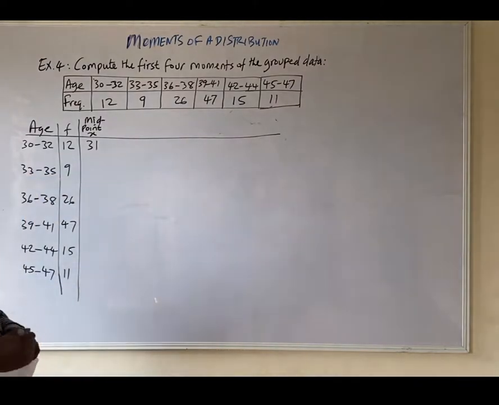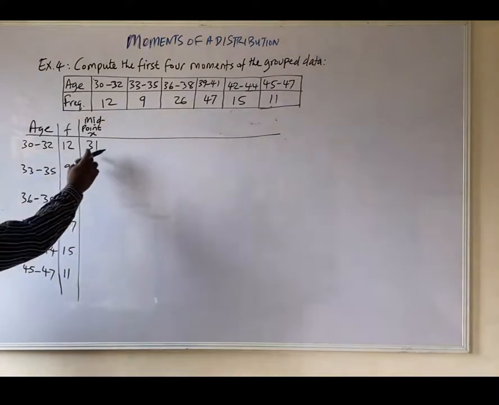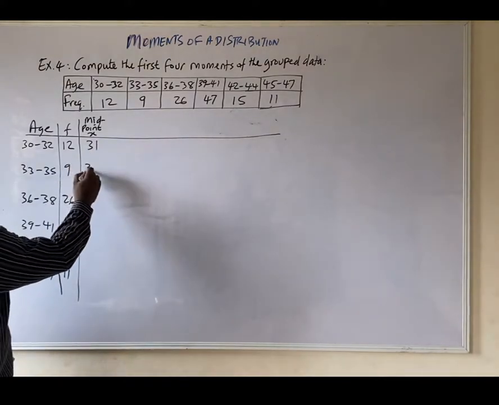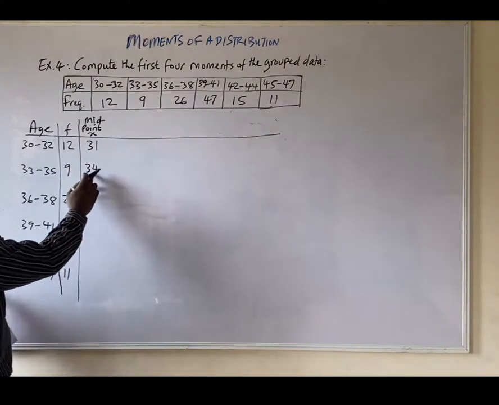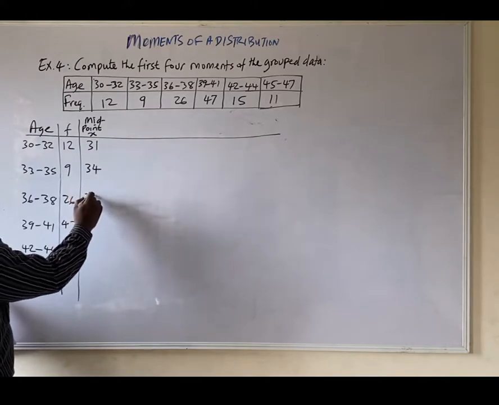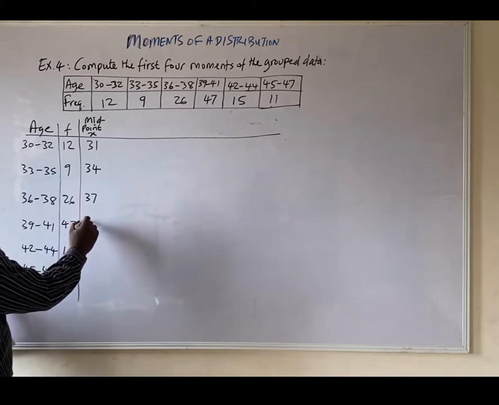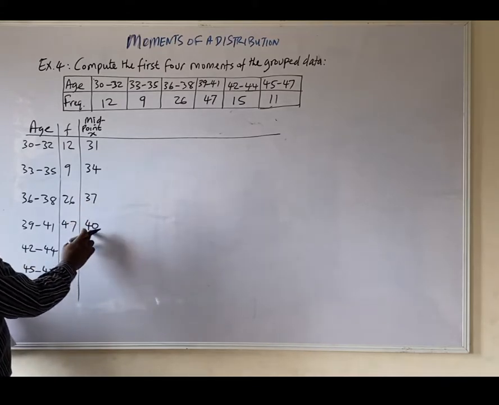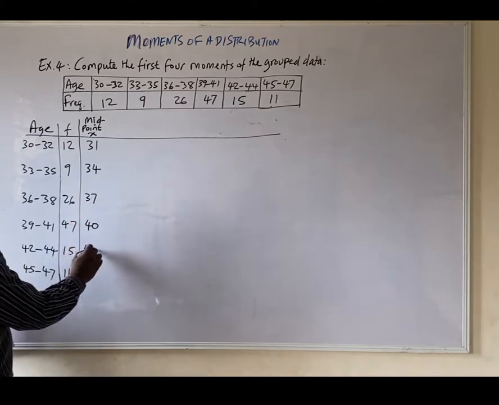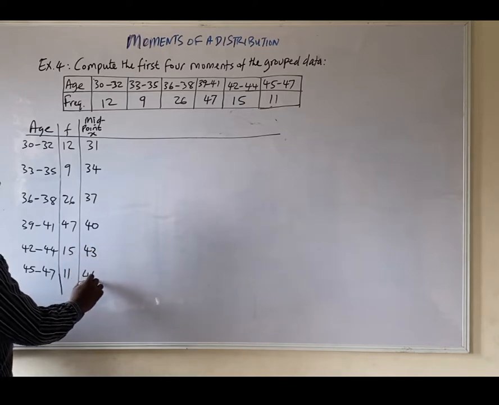So what we do is add 3 to 31, and we're going to have 34. If we add 3 again to 34, we have 37. If we add 3 to 37, we have 40. 3 to 40, we have 43, and here will be 46.